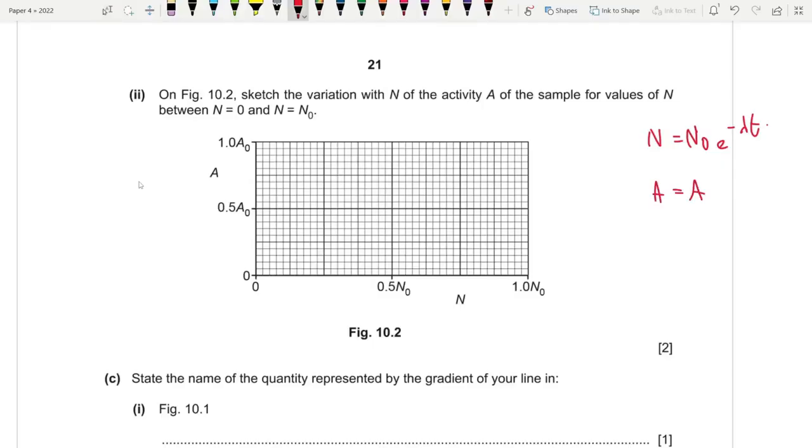Activity also follows the same equation. A is equal to A naught e to the power minus lambda t. It's the same thing basically.